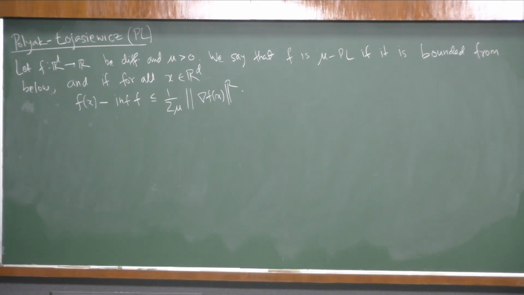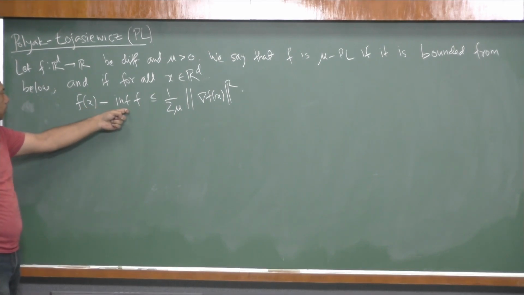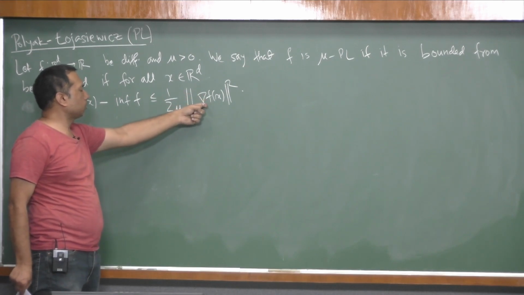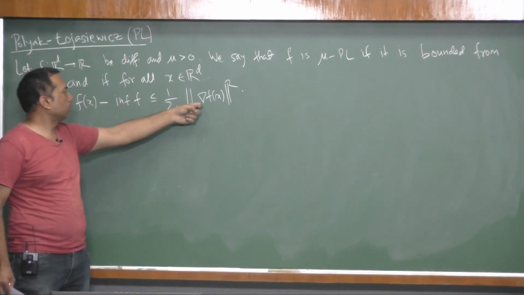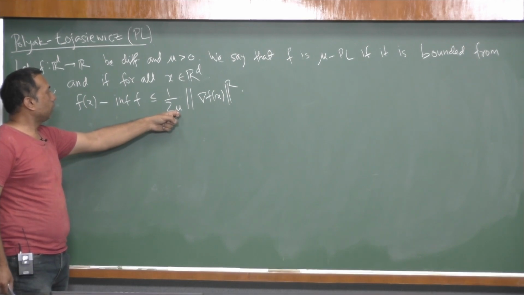It's good to stare at this, like what exactly is it trying to say, right? It's saying that the jump in function value at x, the jump from the lowest possible value of f to the current f(x), is bounded by this, which is the norm of the gradient. So the jump that you have should not exceed the gradient, but it's quite general in the sense that you are allowed to have mu very close to 0.